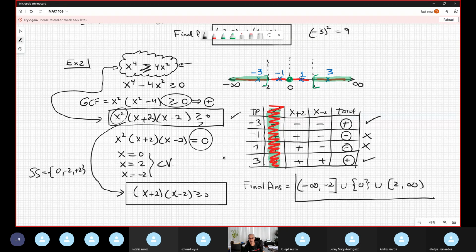Final answer. End of the story. In this example number 2, intentionally, I introduced two new things. The first new thing was what's going on when you have exponent 2. Can you ignore it, delete it? I want to explain this in detail next time, because sometimes you partially delete and sometimes you totally delete.